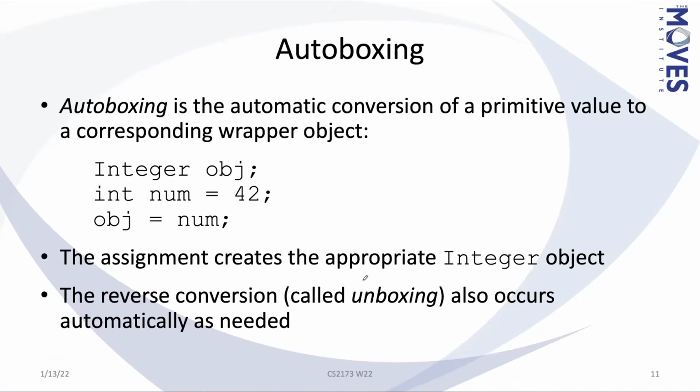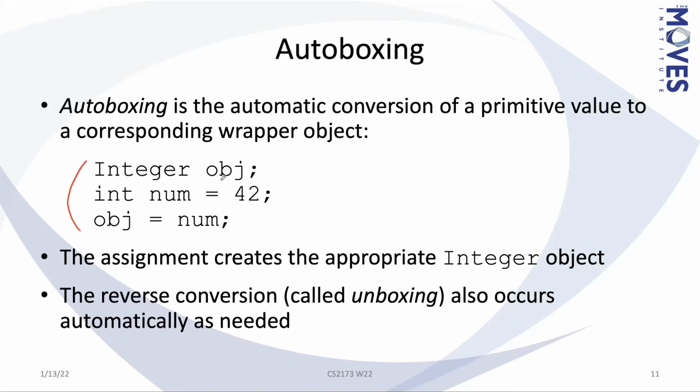Now, autoboxing is what Java introduced after people complained about these wrapper things. So the idea is that in almost every case, you can use a wrapper or a primitive in the particular context. So for example, this is legal.